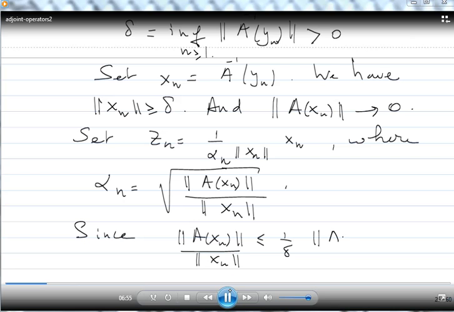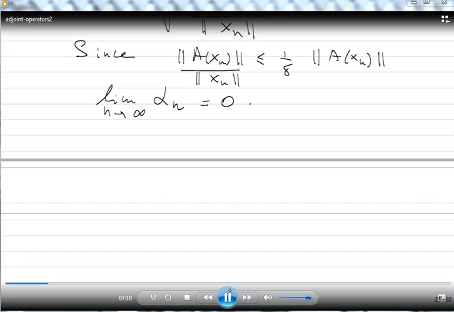So this will tell us that the limit of alpha n when n goes to infinity is equal to 0, because the norm of A of xn goes to 0.